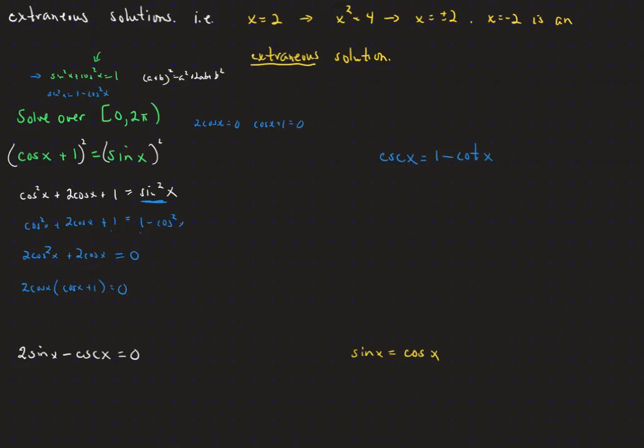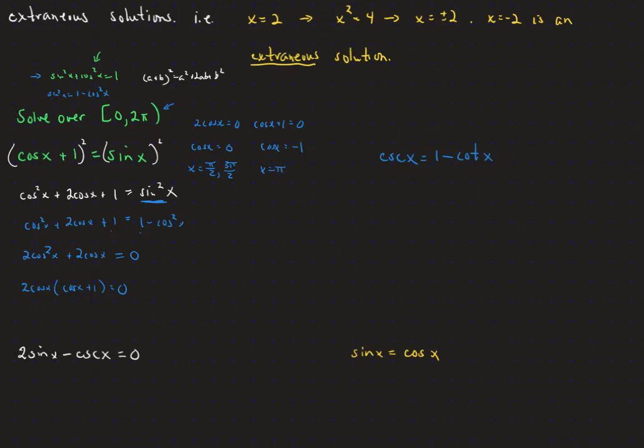Dividing the first one by 2, we get cosine x equals 0, and so x can be pi over 2 or 3 pi over 2. Both of those will make cosine equal to 0. From the second equation, we get cosine x equals negative 1, and between 0 and 2 pi, the only place where cosine is negative 1 is at pi.